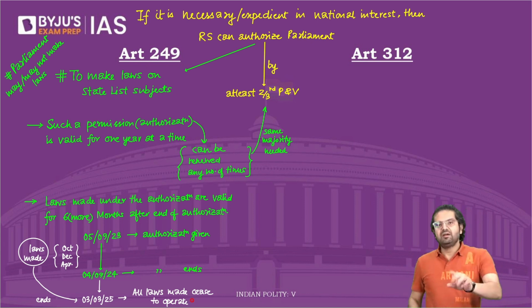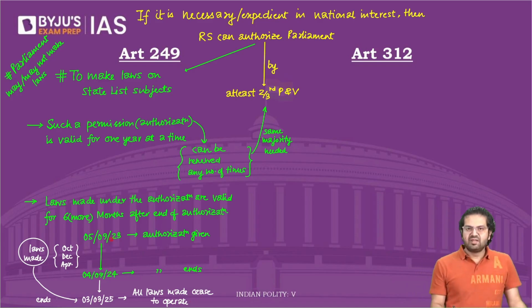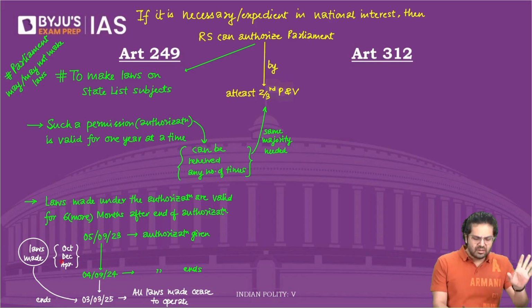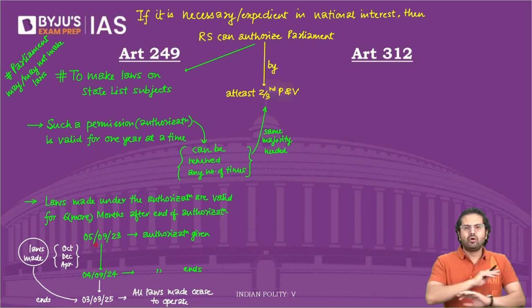When for the 1 year time permission is given, whatever laws you are making, Parliament, on state list topic, those laws are not permanent. When the permission is over, 6 more months time is given. After the end of 6 months, all the laws you made, whether in October, April, December, we don't care. Every law you made because of this permission, all the laws are over.